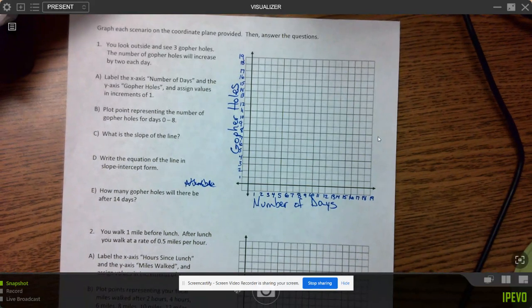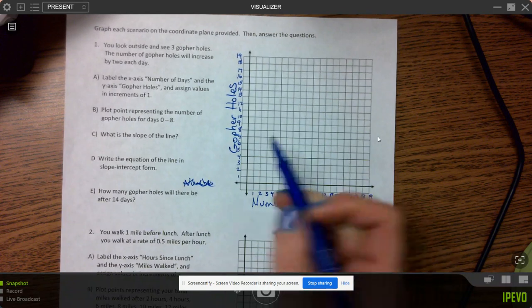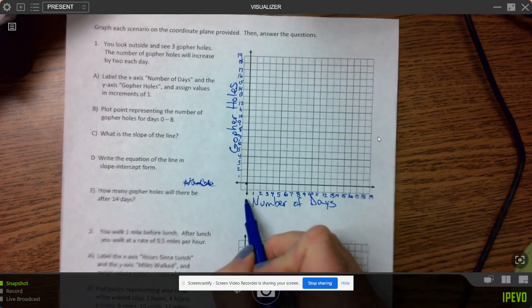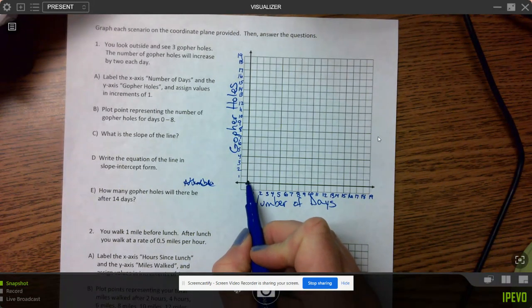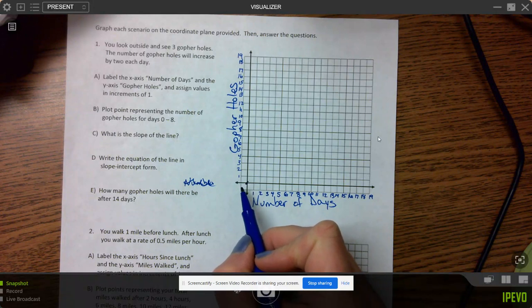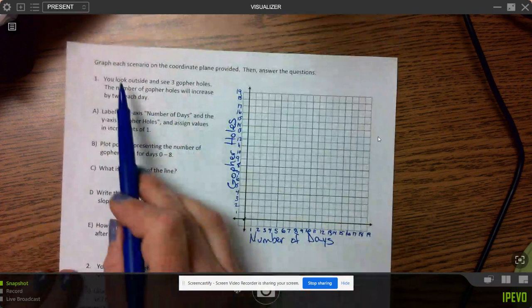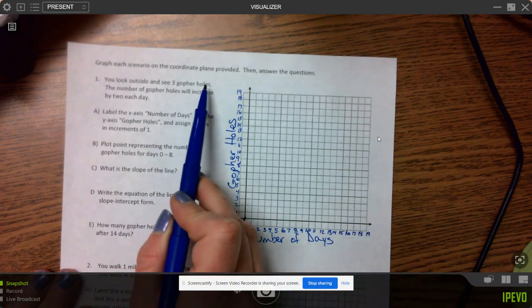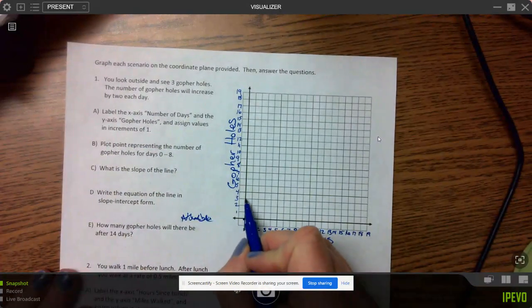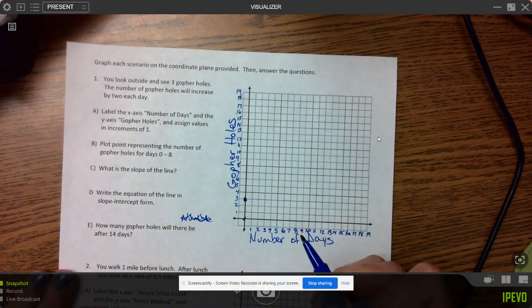Now B says plot the point representing the number of gopher holes for days 0 to 8. So we know this is our origin, so that's 0. So how many gopher holes are on day 0, right? 3. Because it said you look outside and see 3 gopher holes. So we're going to go 0, 3. We're going to plot that first point.